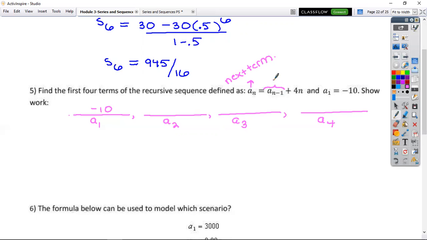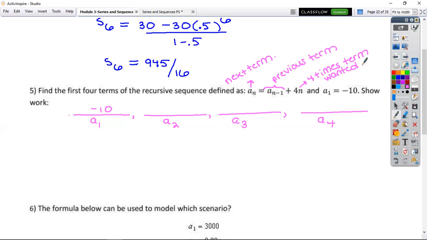Previous term, good. This is my previous term. So that's when I draw an arrow backward. And then plus 4 times the term you want. So 4 times term wanted, to abbreviate that for you.